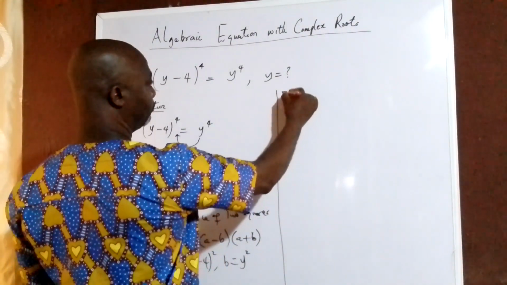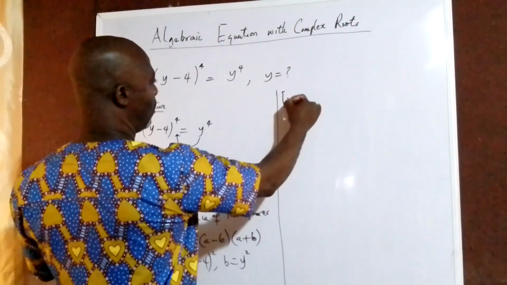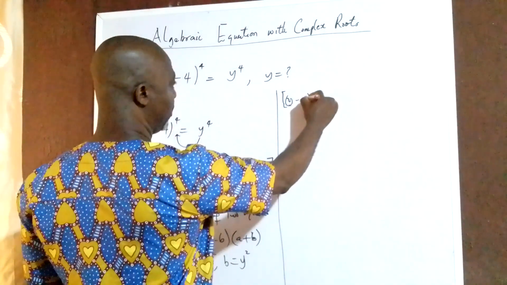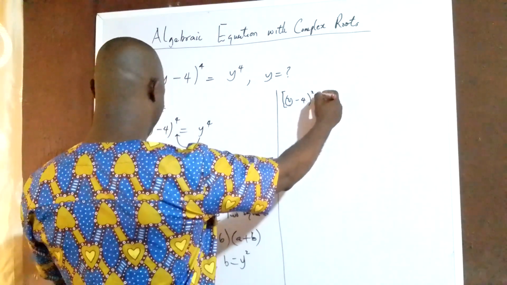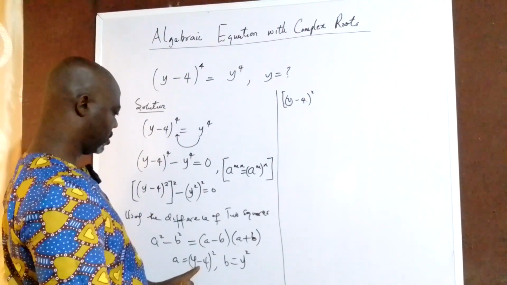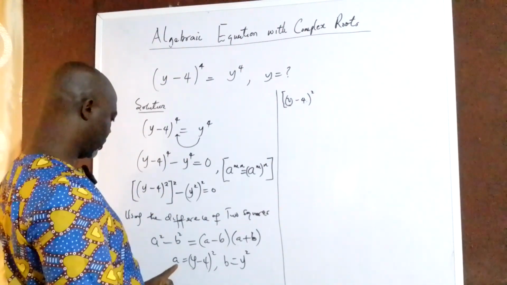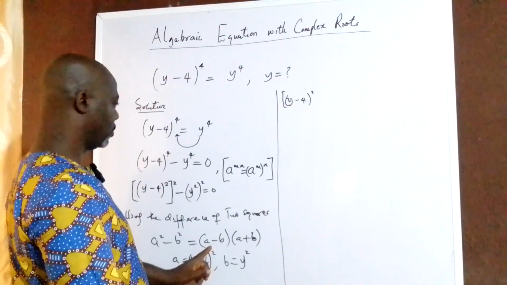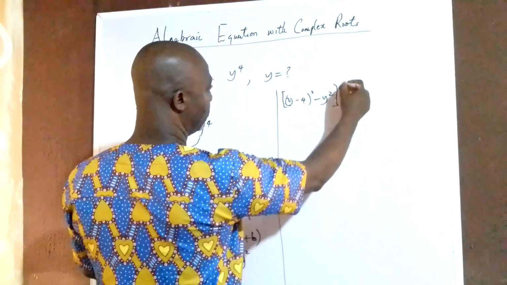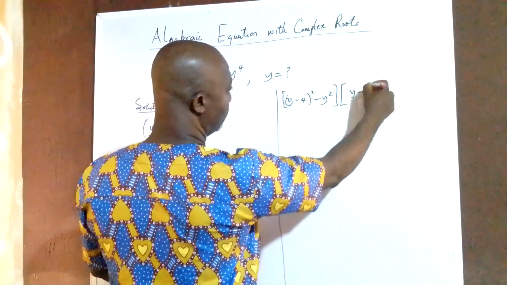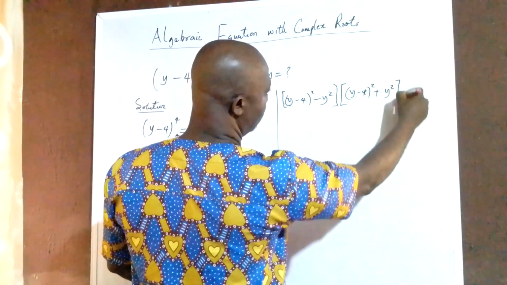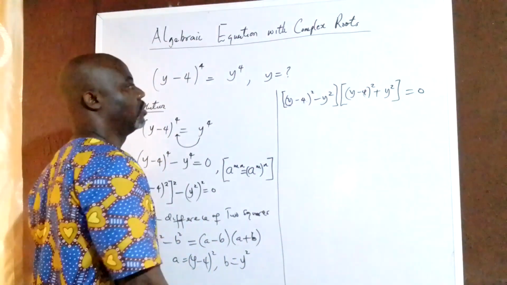It's going to become (y minus 4) squared, this is a and this is b, so a is this, then minus y squared, close the bracket, then (y minus 4) squared plus y squared, close the bracket, equal to 0. So this is what we have.